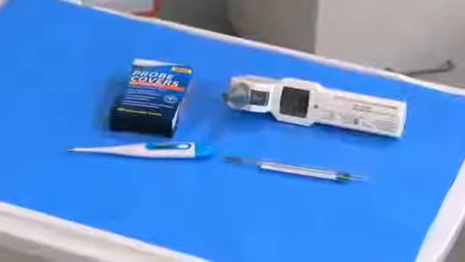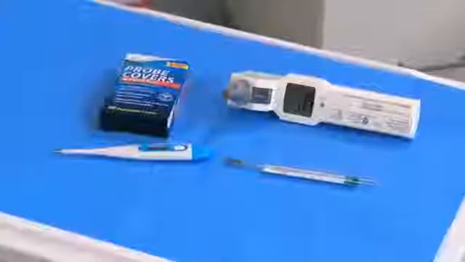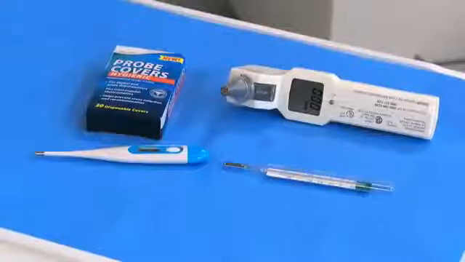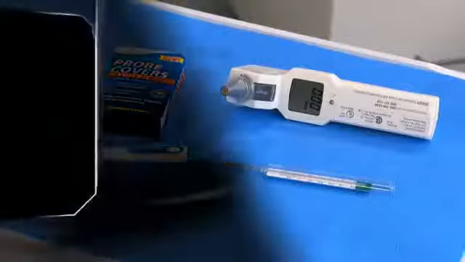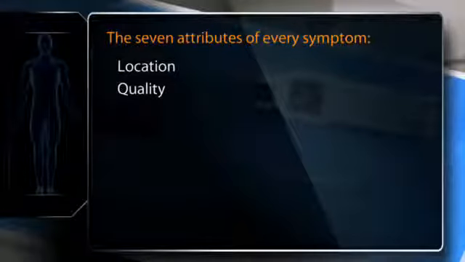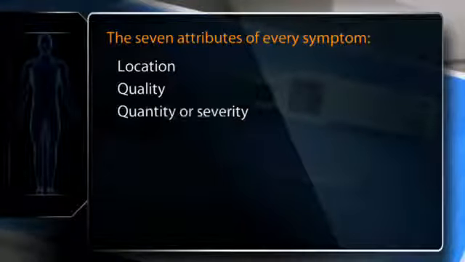Ask about fever if patients have an acute or chronic illness or especially infection. Recall the 7 important attributes of every symptom. These include location, that is, where is it and whether it radiates. Quality, can the patient describe what it is like? Quantity or severity, if there is pain, can the patient rate it on a scale of 1 to 10?